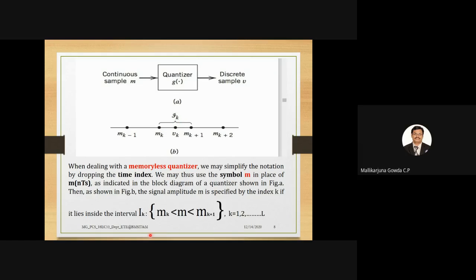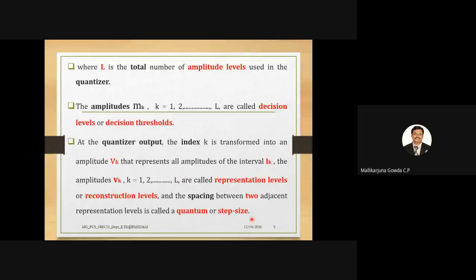So when m is less than mk plus 1 and greater than mk, I represent it by that Ik, where k is 1 to L. Let me tell you what this L is: L is the total number of amplitude levels used in this quantizer.